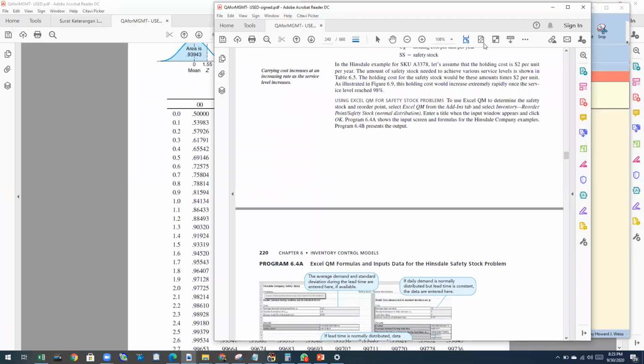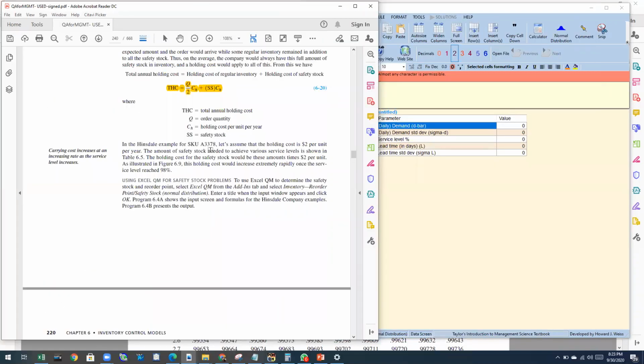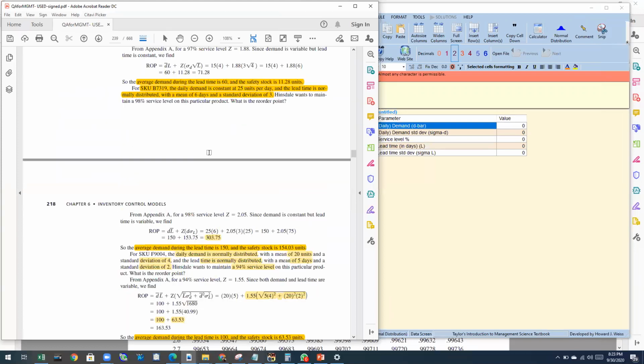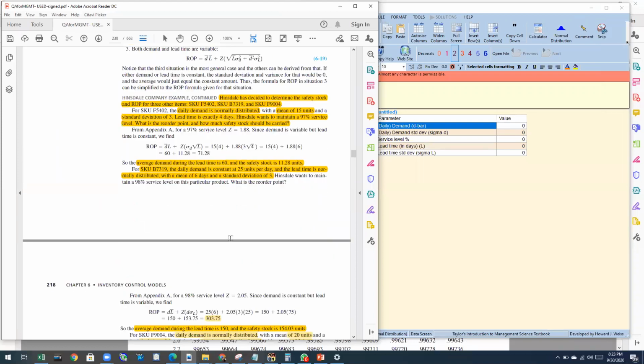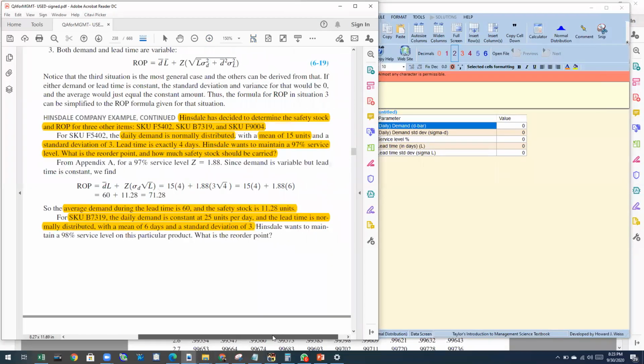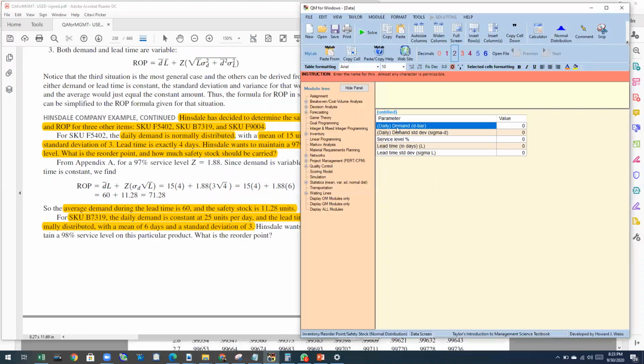Let me minimize this table or rearrange this table, and let me use the 3 examples that we had. We will use the example for SKU F5402. The daily demand is normally distributed with a mean of 15. Here it said daily demand D bar.